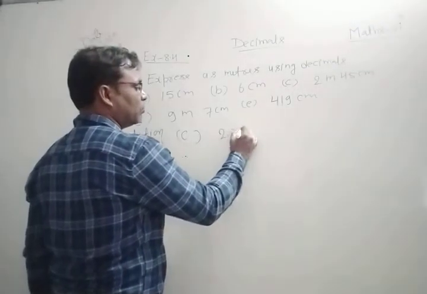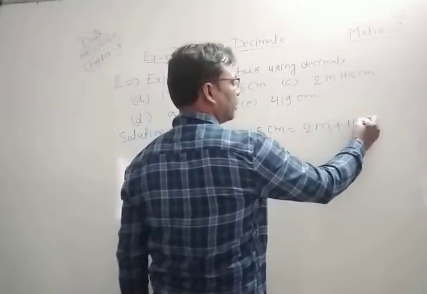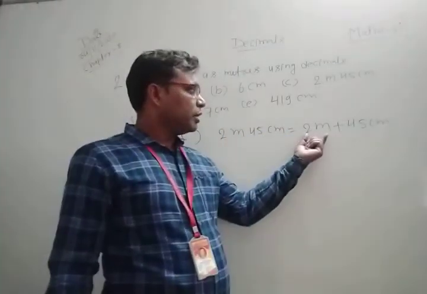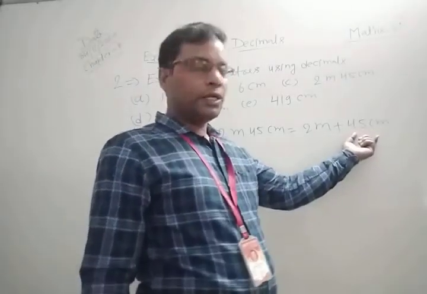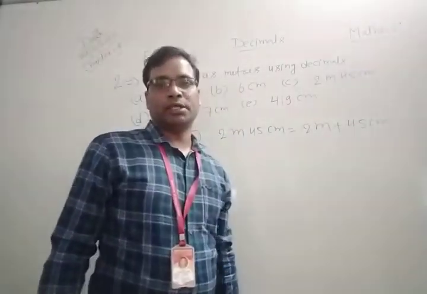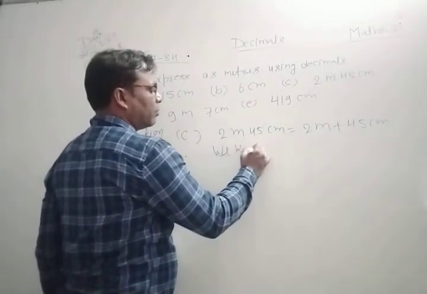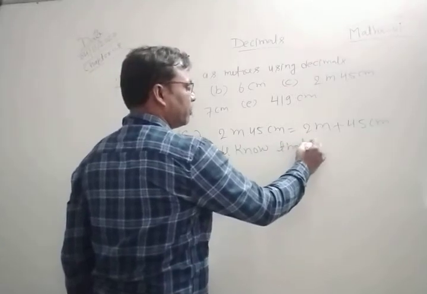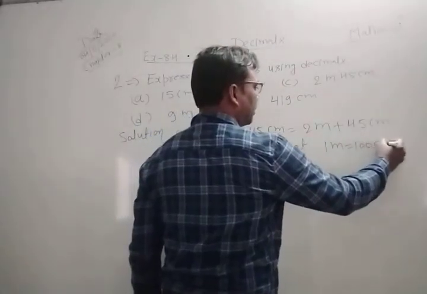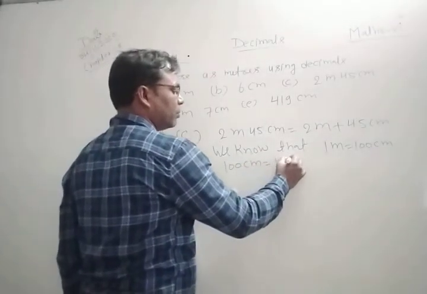We can write 2 meter 45 centimeter is equal to 2 meter plus 45 centimeter. Here 2 is already in the form of meter. We only need to express 45 centimeter as meter using decimal. For this we know that 1 meter is equal to 100 centimeters, or 100 centimeter is equal to 1 meter.